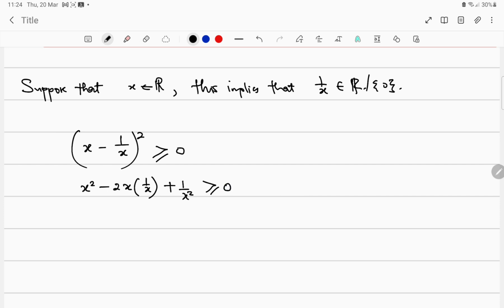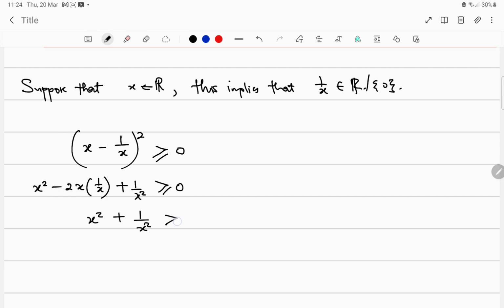Okay, what does this mean? This means that x squared plus 1 over x squared is greater than or equal to 2.